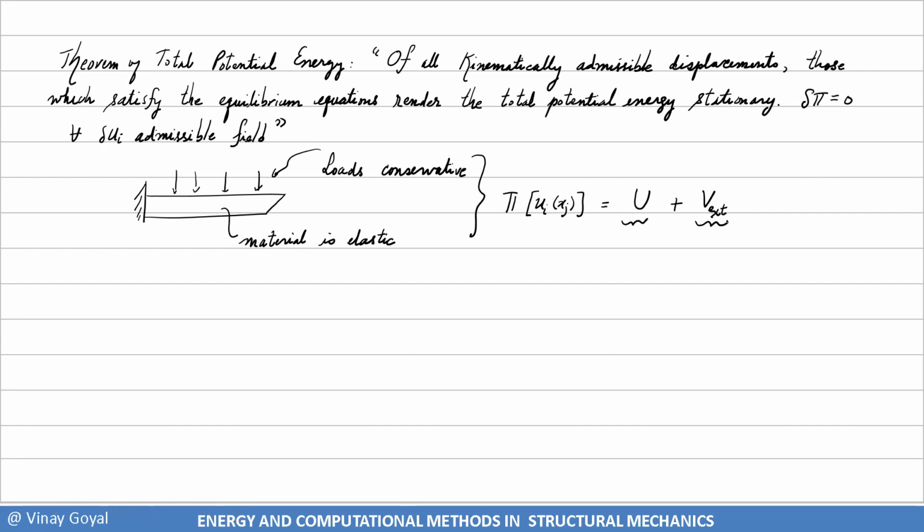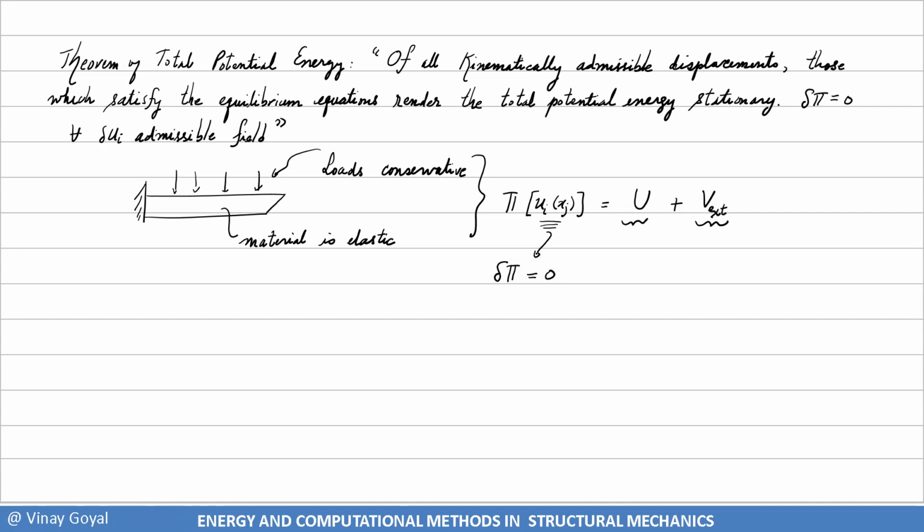And then when I formulate this, when I add U plus V, very interestingly, if I set the first variation of pi equal to 0, any deflections that make this happen render the system in equilibrium.